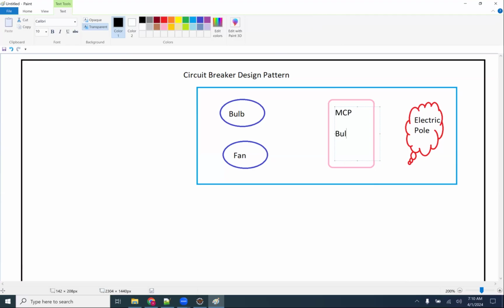In the MCP, I have a bulb controller as well as a fan controller.